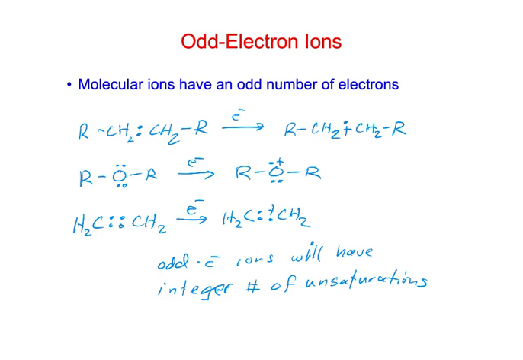So for example, if we had a molecule like this, that has a molecular formula of C9H10O, and we calculated our unsaturations, the unsaturations would equal 5.